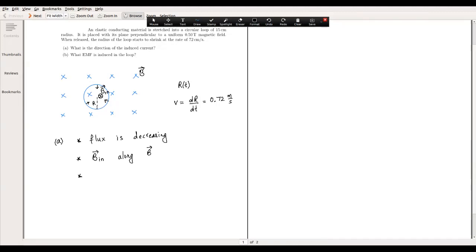If the direction of the current is in the clockwise direction, when we hold it with the thumb pointing in the direction of I, the fingers at the center of the loop will be pointing inward. So that will be your direction of the current. So I is clockwise.